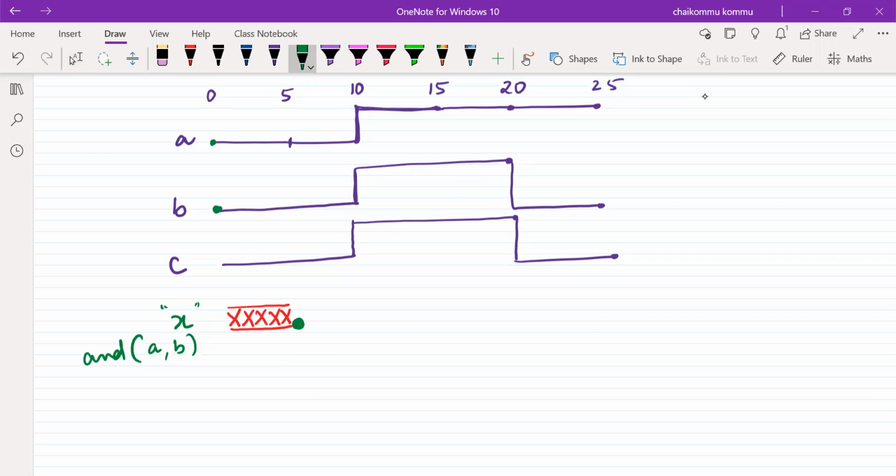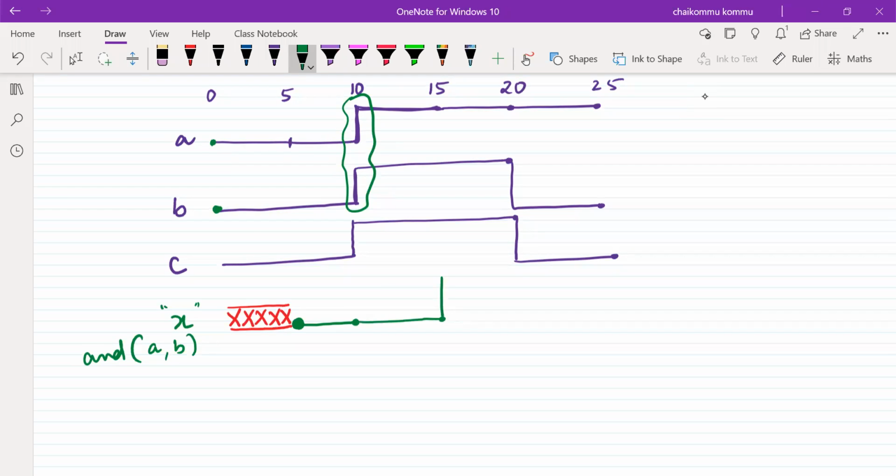Up to 10 nanoseconds, we don't find any kind of change. But at 5 nanoseconds, you can see A is equal to 1, B is equal to 1. For an AND gate, what is the value? It becomes high. But it cannot give you the output instantaneously, it takes some amount of time, 5 nanoseconds. What is 5 nanoseconds after 10? It is 15.